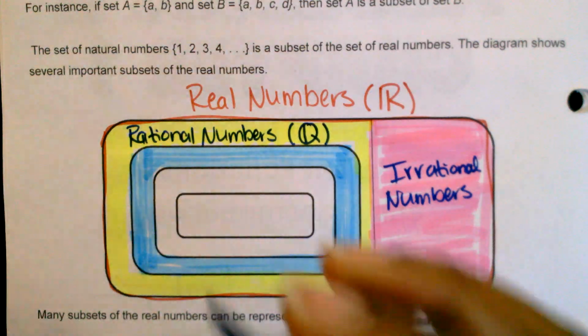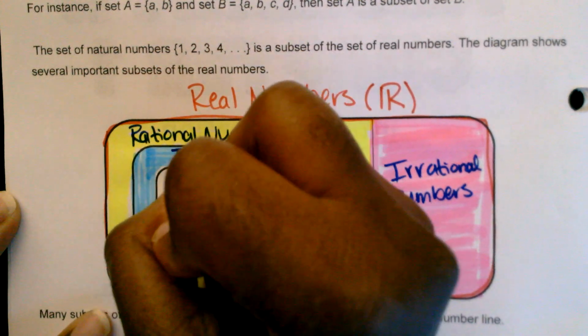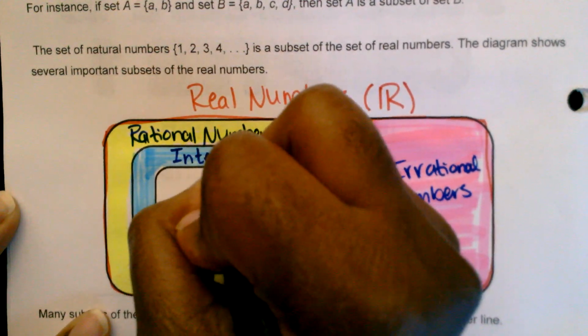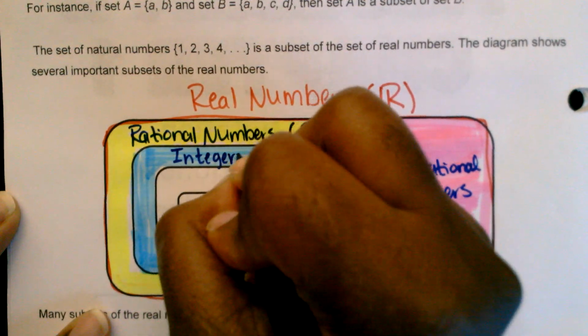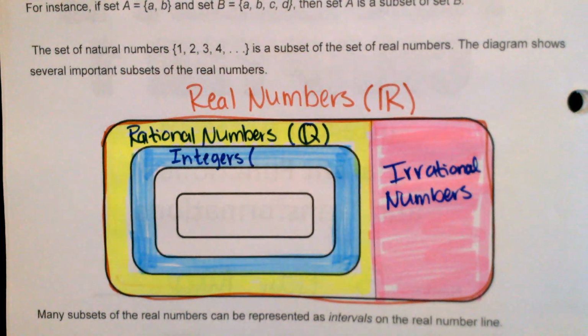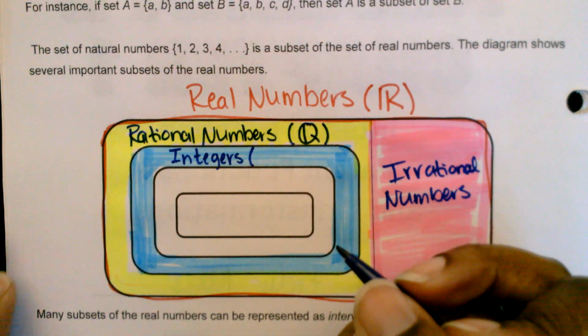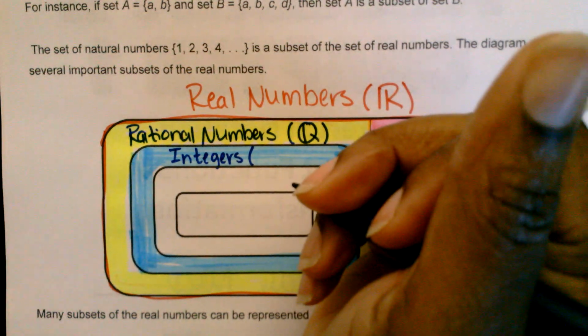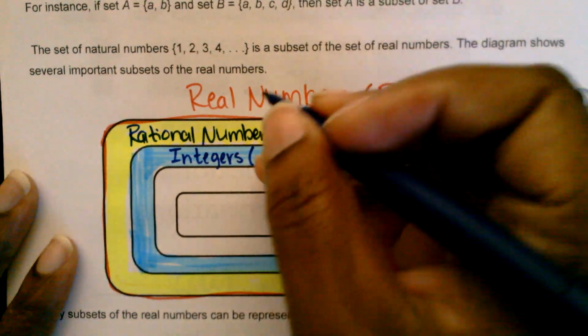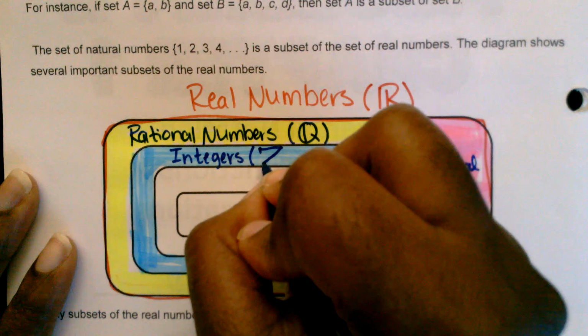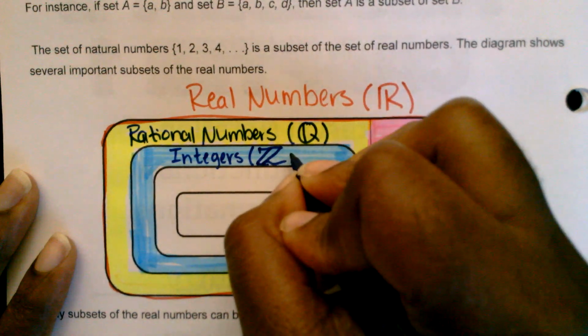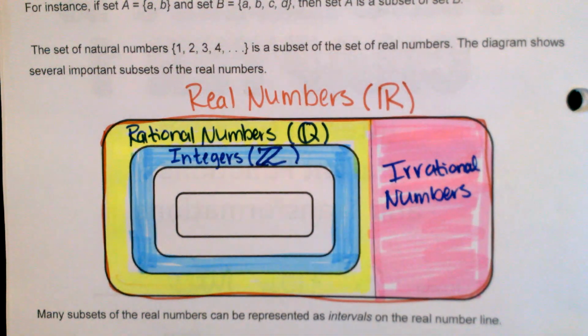So integers, I-N-T-E-G-E-R-S. The symbol that you will see here will look like a double Z. Okay. Looks like a double Z.